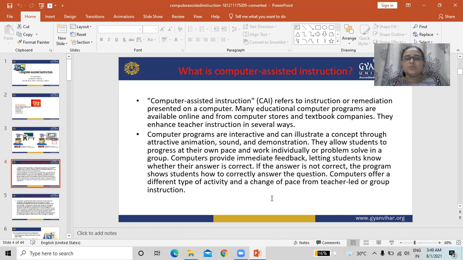Computers provide immediate feedback, letting students know whether their answer is correct. If the answer is not correct, the program shows students how to correctly answer the question.